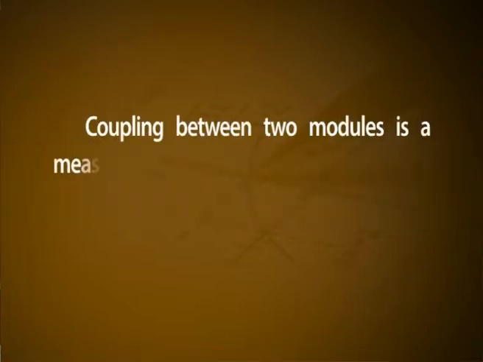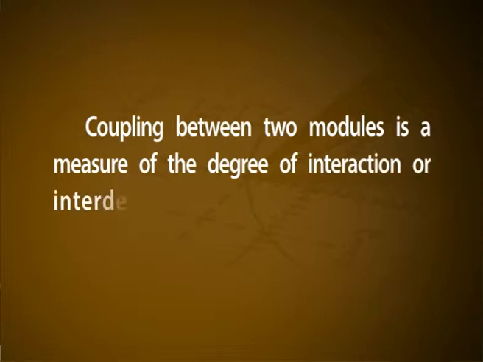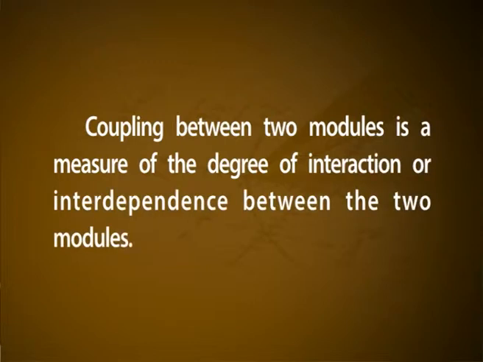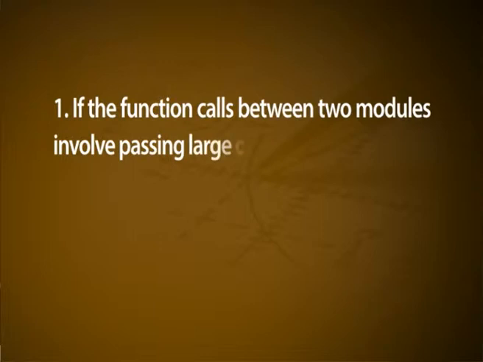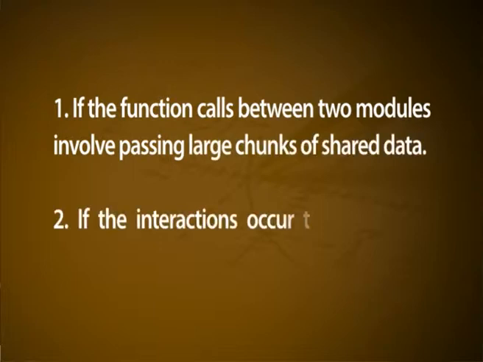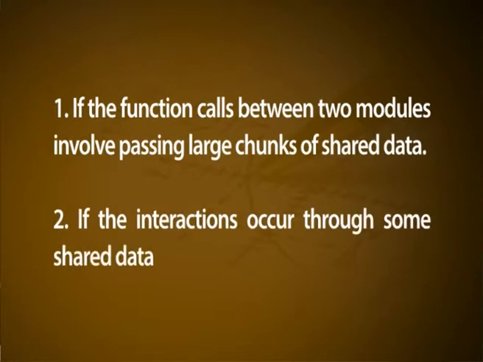Coupling. Coupling between two modules is a measure of the degree of interaction or interdependence between the two modules. Two modules are said to be highly coupled if either of the following two situations arise. First, if the function calls between two modules involve passing large chunks of shared data. The other, if the interactions occur through some shared data.